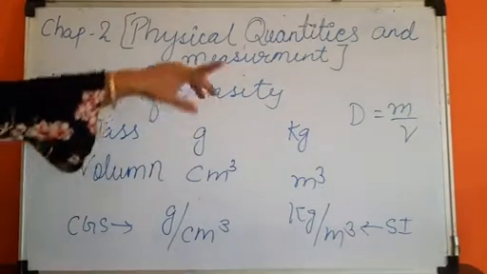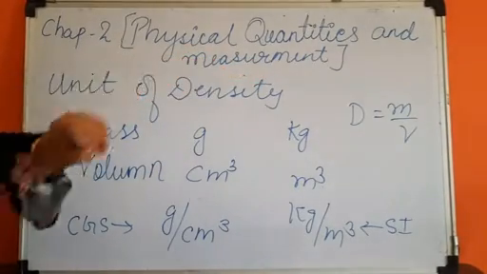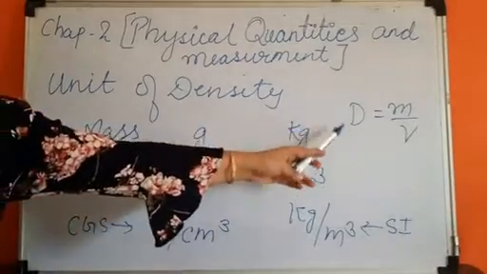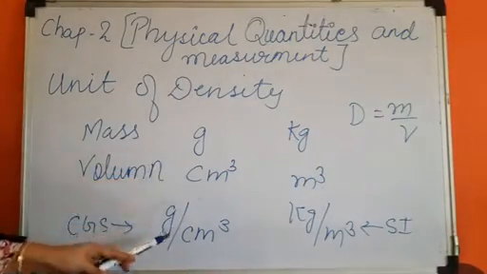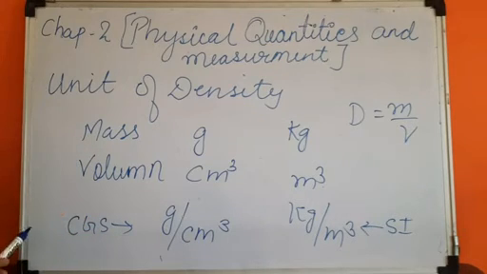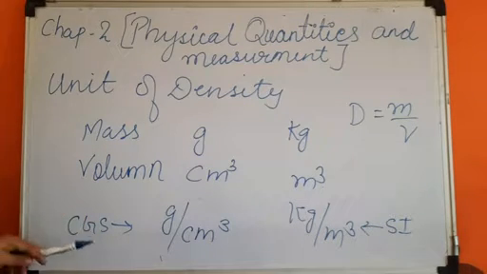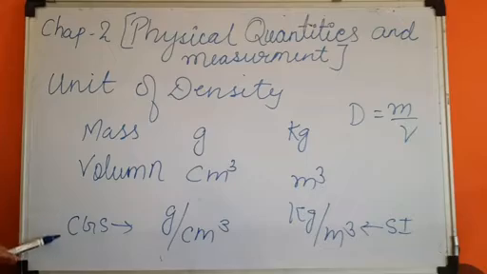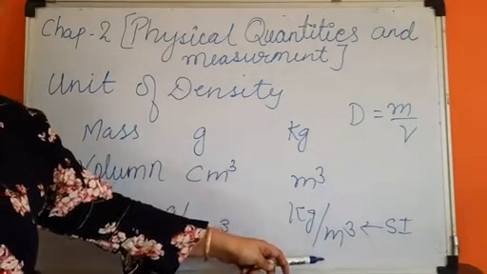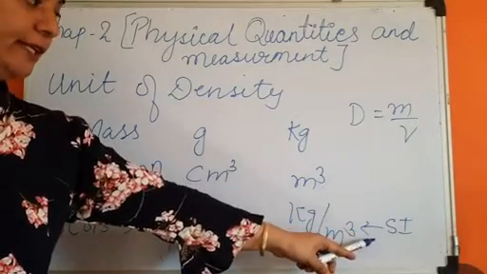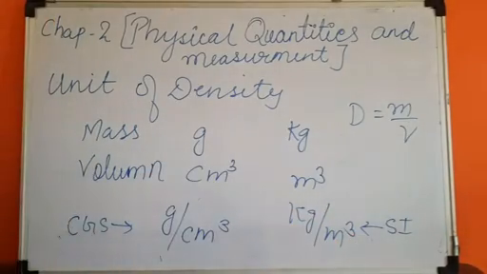Put these units in the formula of density, that is density is equal to mass upon volume. What are we getting? Gram per centimeter cube. This is the unit of density in CGS system. Kilogram per cubic meter is the unit of density in SI system.